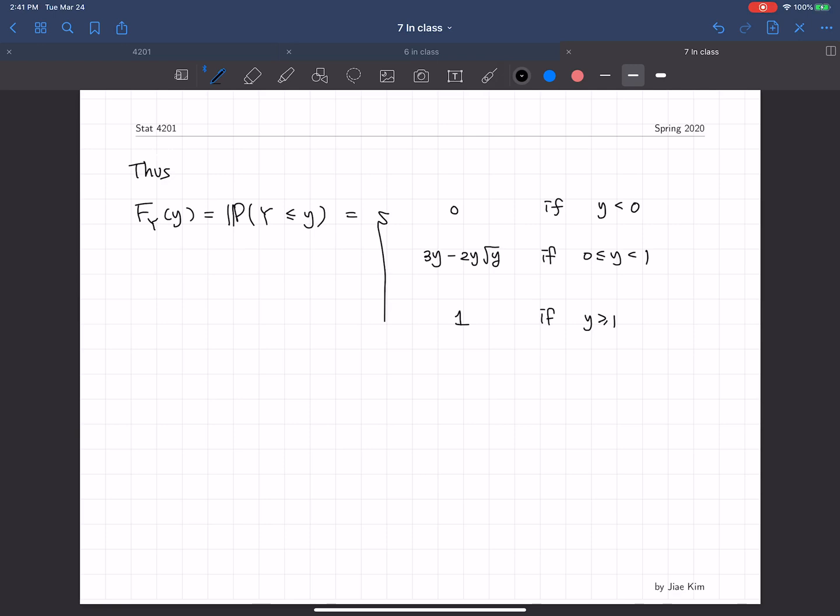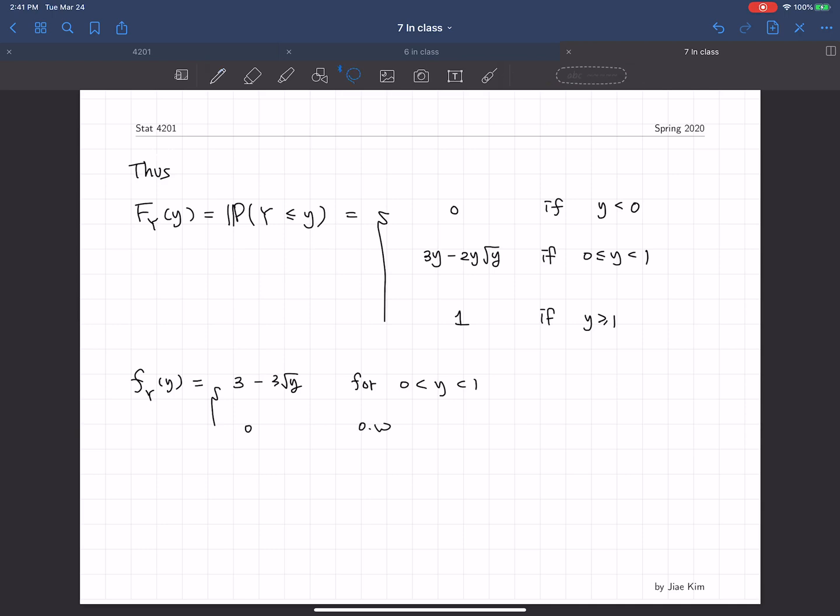Another thing you can do from this step is to state the PDF of Y, denoted by small f, as a derivative. So 3 minus 3 square root of y, which is the derivative of this function, is valid only for y between 0 and 1. Here I'm being hand wavy by excluding the endpoint 0. It doesn't matter because it's continuous, and it is 0 otherwise.